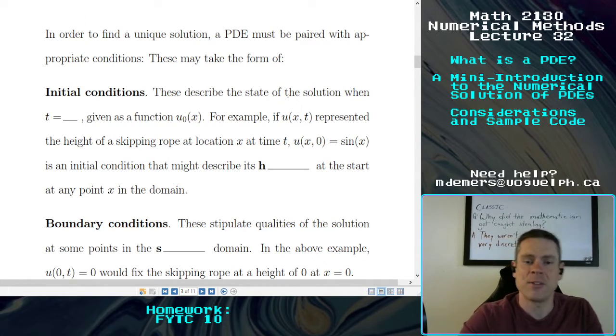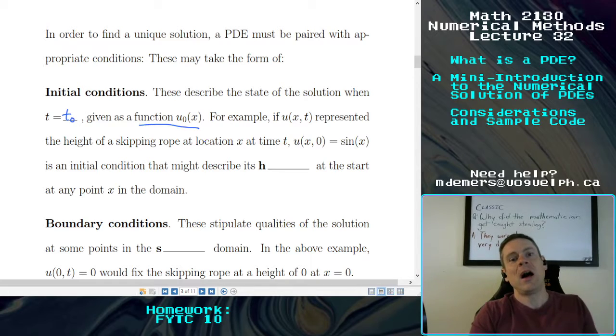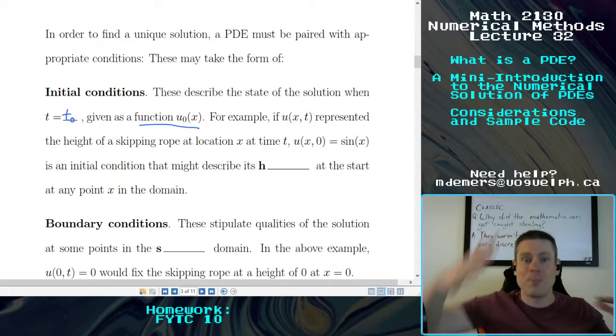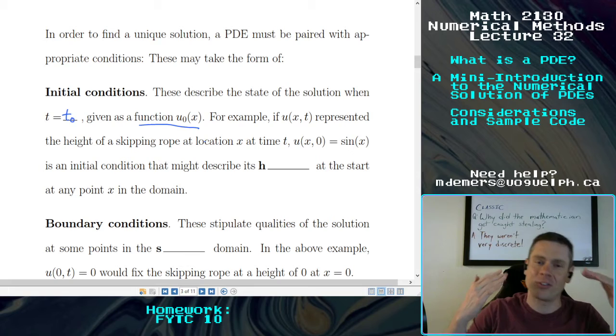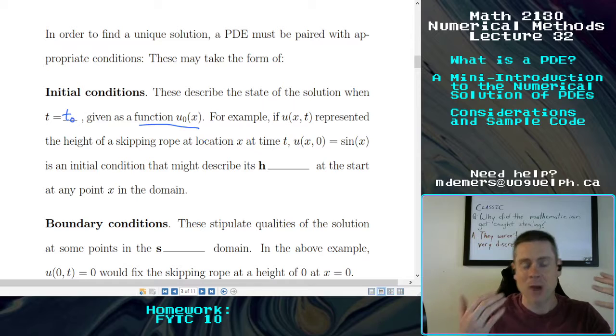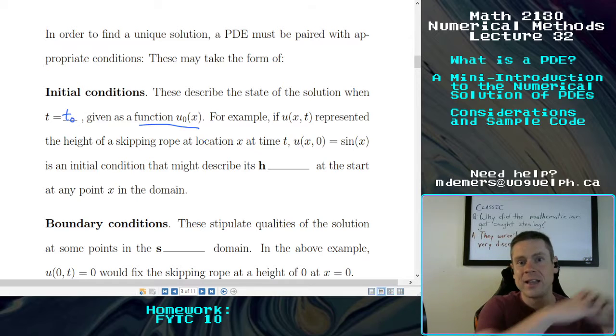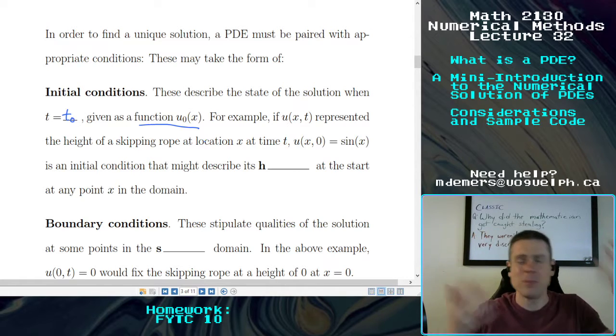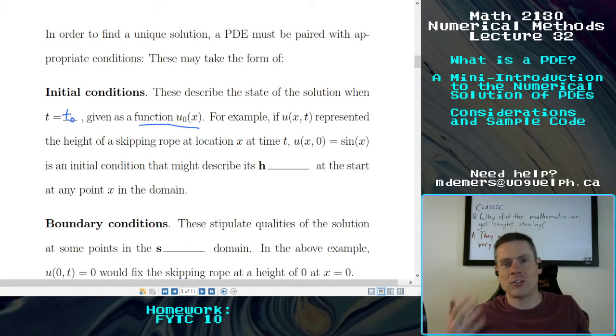Initial conditions describe the state of the solution when t equals some t0, but it's given as a function. I need an initial temperature distribution. I need a function that describes what that temperature is at all of the different points x. Oftentimes, if I want a good problem for one of these, I'd like some sort of continuous function, or some sort of function in any case, that describes that initial state.